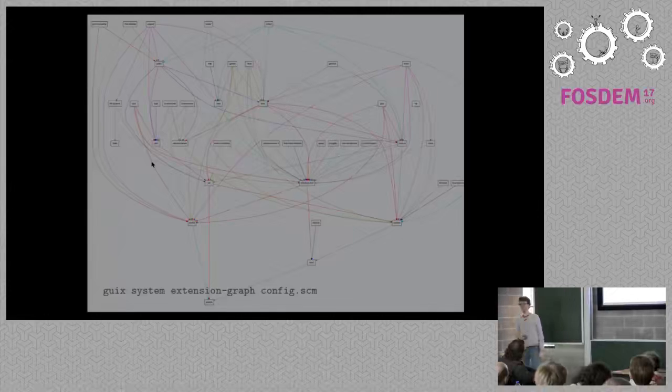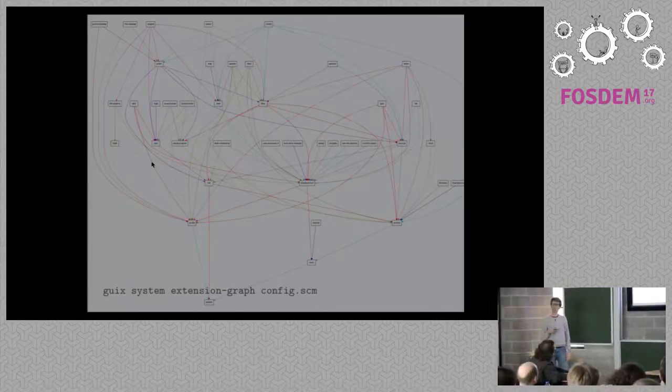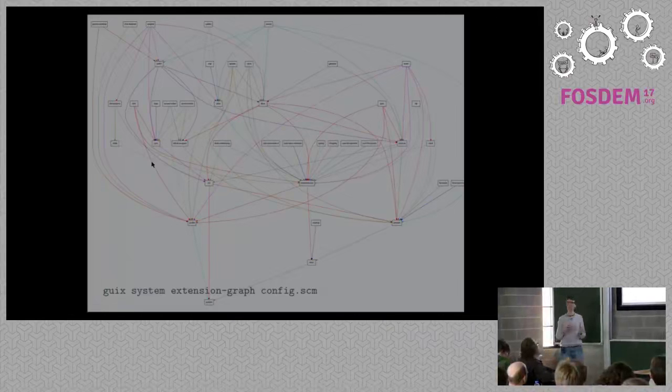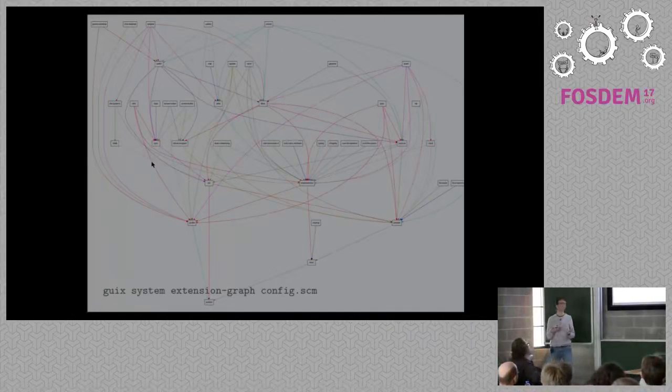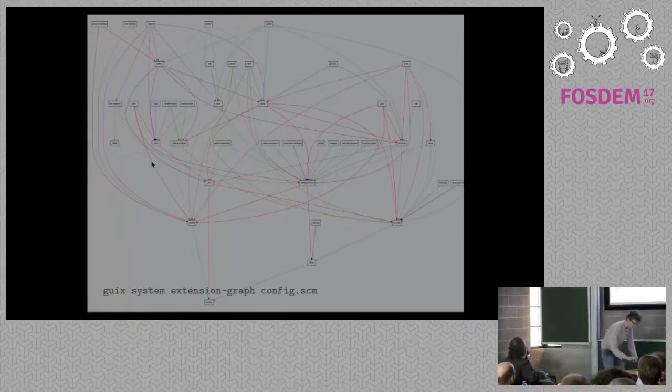Now, if we look at that supposedly simple freedesktop example, well, it's still spaghetti, right? But at least we can visualize those spaghettis, and that's probably an improvement, I guess. More seriously, it allows you to reason about what's going on here, kind of.